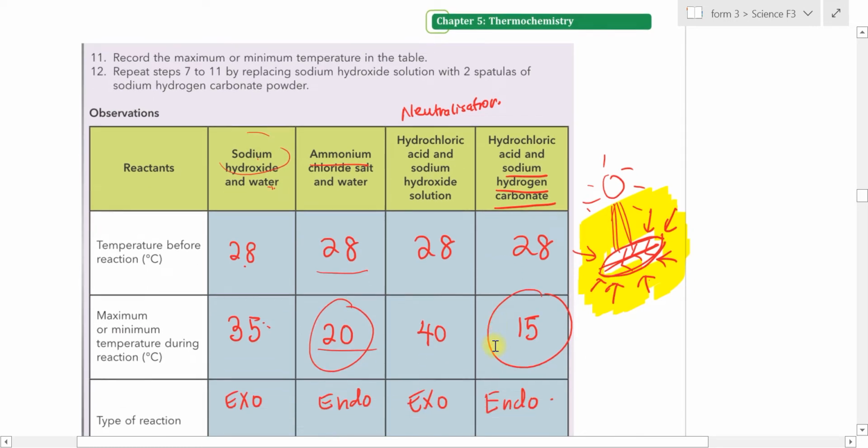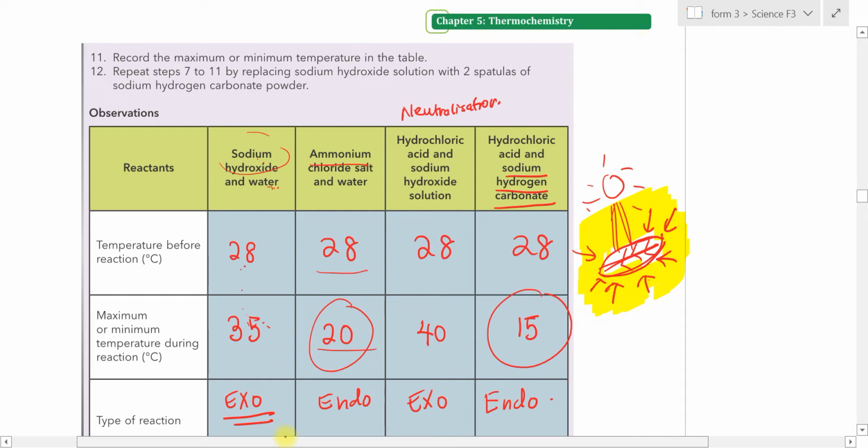This is an example of the result. Sodium hydroxide and water: you see the temperature rises from 28 to 35. Therefore, this is an exothermic reaction.